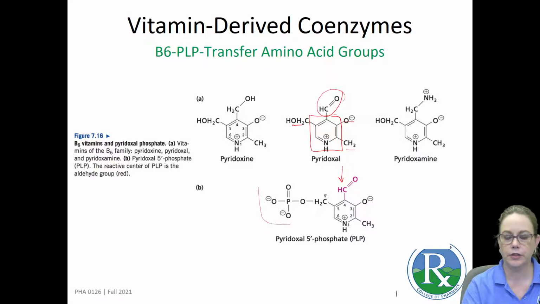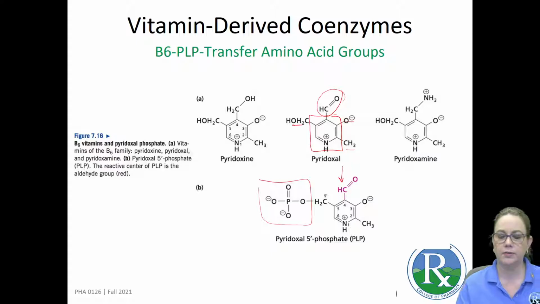Additionally, we're going to attach a phosphate onto the 5 position. The aldehyde functionality is really critical because this is our coenzyme that's going to be forming a Schiff base with a lysine side chain on our enzyme, so we need that aldehyde.